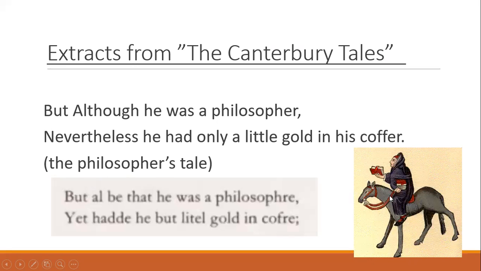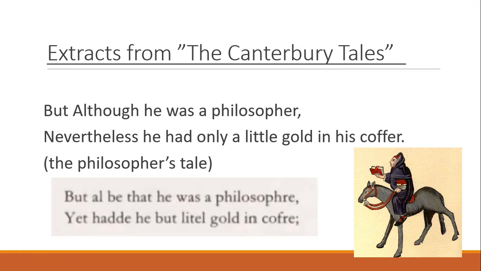So a philosopher is now a new job. Why? Because people started moving to England in order to settle down. They wanted to be civilized. They wanted to have their own identity. They wanted to form a society. And in this society, we started seeing new jobs, such as a philosopher.